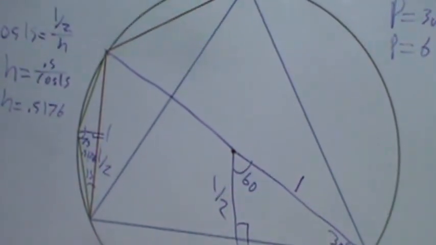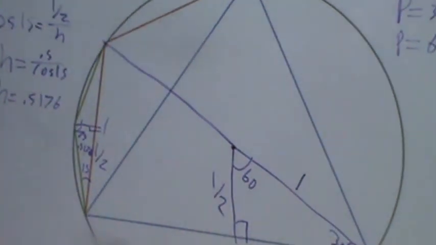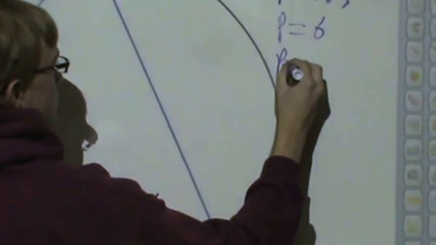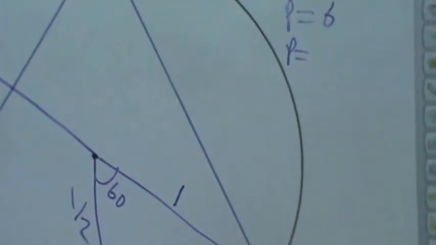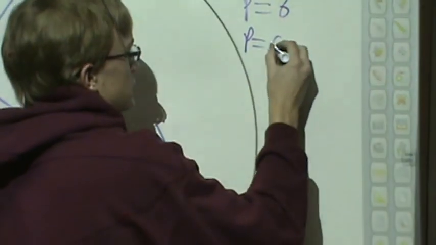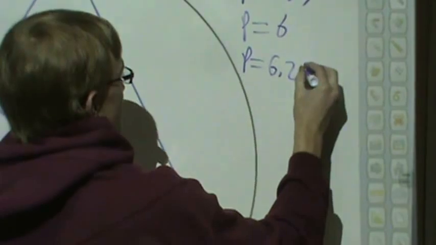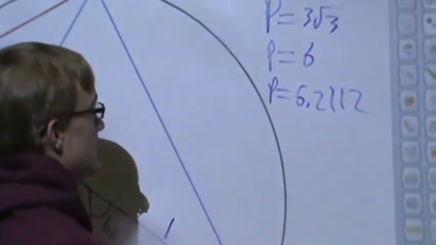And multiplying that by 12, we'll get the perimeter for the dodecagon: 6.211. Okay.